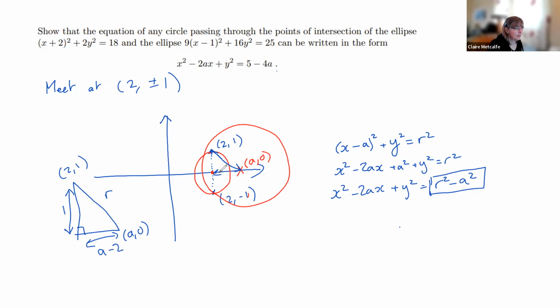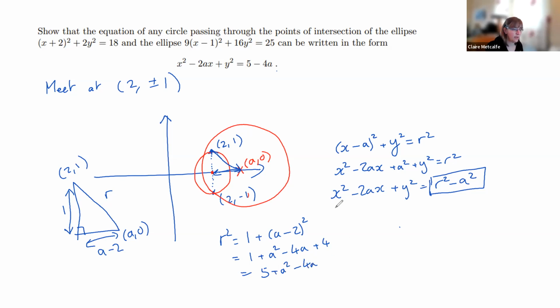So this gives us a relationship for r. We know that r squared is equal to 1 plus (a minus 2) squared. So that's 1 plus a squared minus 4a plus 4. So that's 5 plus a squared minus 4a.